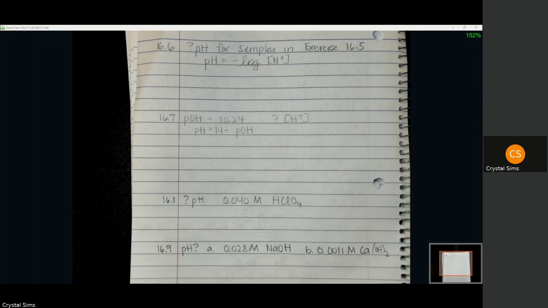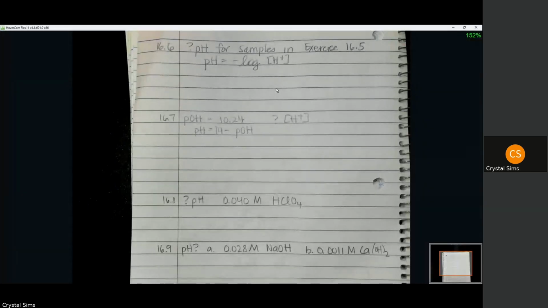Sample exercise 16.6 asks us to determine a pH for the samples that we calculated in 16.5. So pH is equal to the negative log of the hydrogen ion concentration.